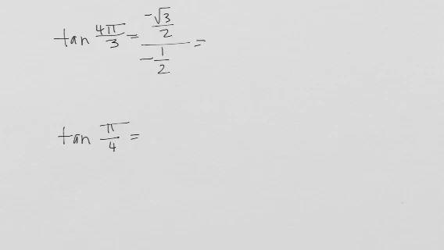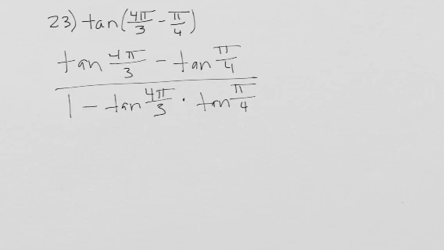Now I'm going to keep the first numerator times the reciprocal of the denominator. Now these two minus signs will cancel out, 2's cancel out, and I'll end up with square root 3 over 1, or square root 3. So every time I saw tangent 4 pi over 3, I can change that to square root 3. So that would be here, square root 3, and here, square root 3.